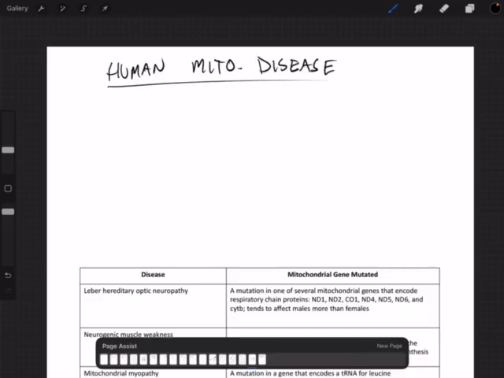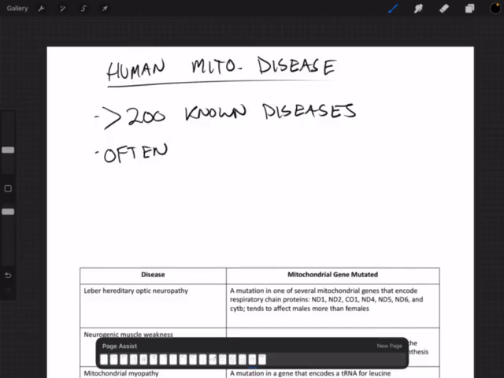Okay. So there are more than 200 known diseases that in some way affect mitochondria. Kind of makes sense, right? If mitochondria is making all the ATP, it's therefore super important in producing energy in a lot of fundamental cellular processes. It would stand to reason that anything that messes with mitochondrial function could cause some amount of disease. You will often find that it involves ATP-rich tissues, at least the phenotypes, right?